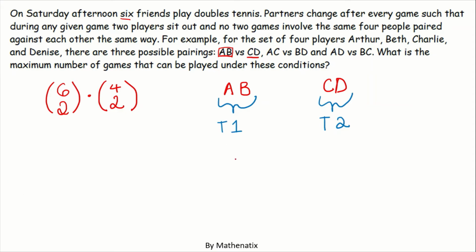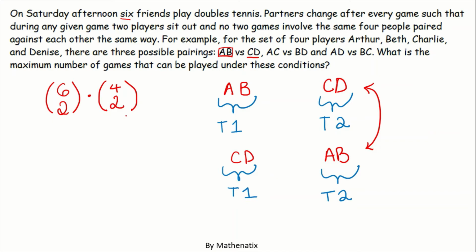So we would have C and D on team 1, and A and B on team 2. Well, obviously, we want these 2 to be the same, because if person A and person B go against person C and person D, that's the same thing as person C and person D going up against person A and person B. So we want these 2 to be the same.